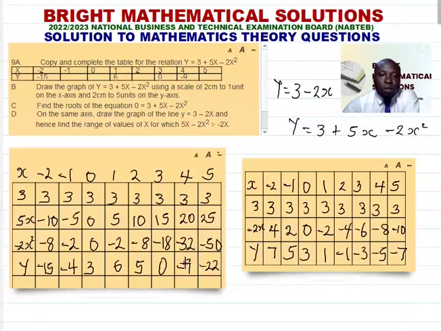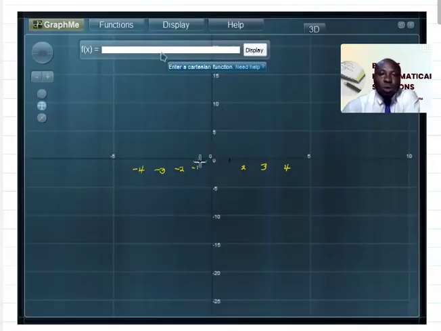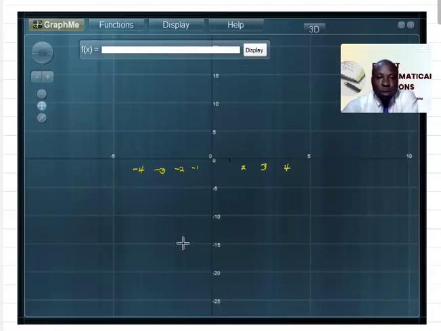These are the values of x, and these are the values of y for the linear equation. Now let us go back to our solution. When x is minus 2, y is minus 15. So if I trace it down, this is minus 15. So let me change my pen so that I have something that is bold.